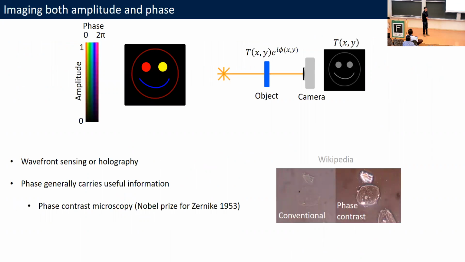So usually when you're doing imaging, you're typically only concerned with the intensity information that the light beam contains. But of course, when light passes through an object, it picks up a phase. And in general, that phase can be useful. It can contain information. So this problem of doing both amplitude and phase determination is known as wavefront sensing, or sometimes holography.